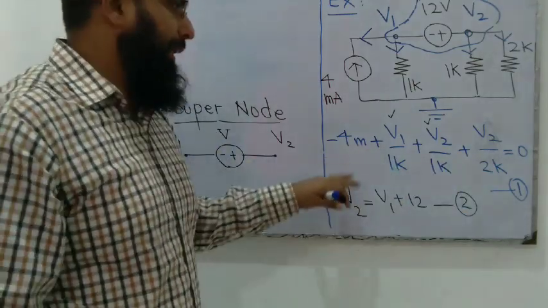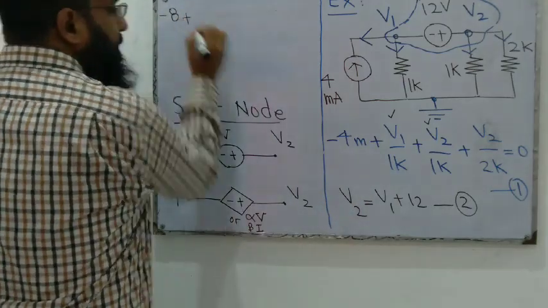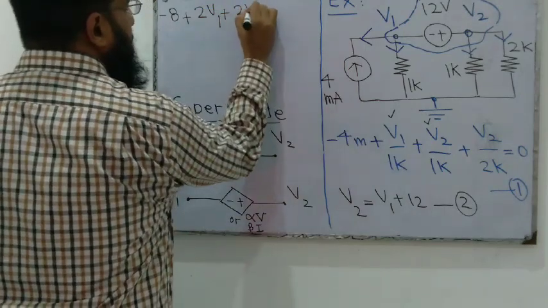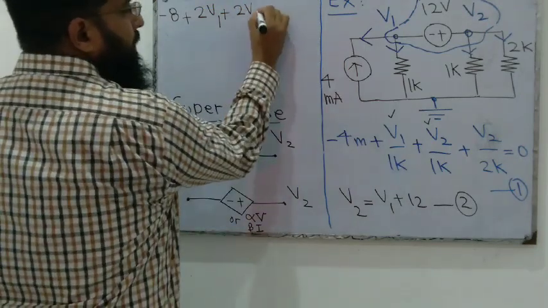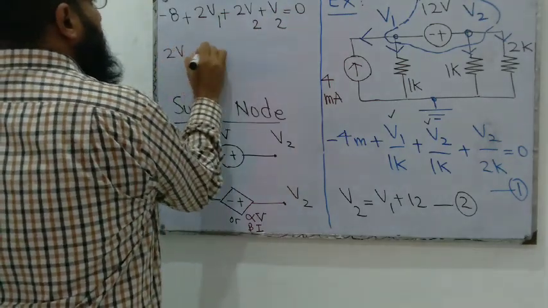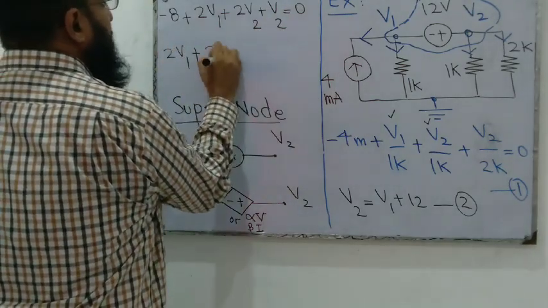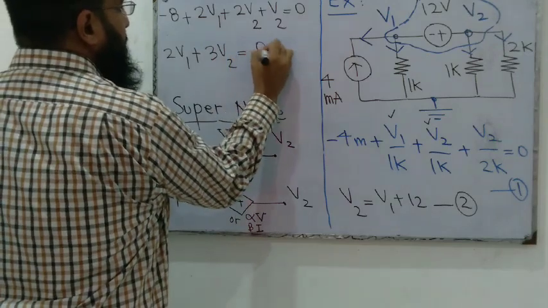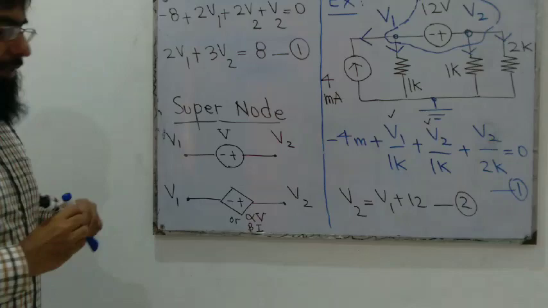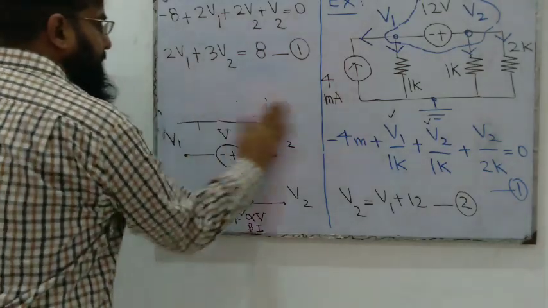We have already seen that. Plus 2V1 plus 2V2 plus V2 is equal to 0. So 2V1 plus 3V2 is equal to 8. This is how we can rewrite equation 1. And we know what equation 2 is.